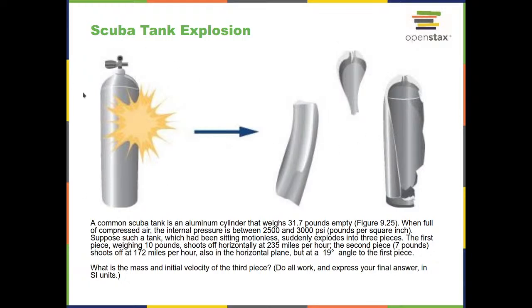Let's say we know the initial mass of the scuba tank, and we know 2 pieces: one piece is 7 pounds, for example, and the other is 10 pounds. We don't know the mass of the 3rd piece, but we know the angles at which 2 of these pieces flew off. So what's the mass of that 3rd piece, and what's the velocity with which it flies off?